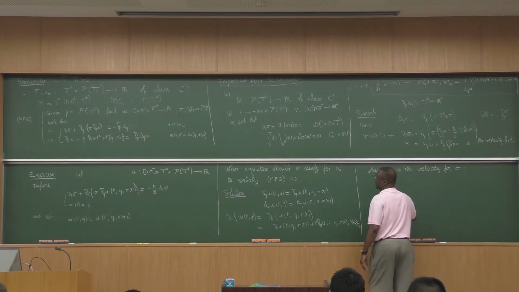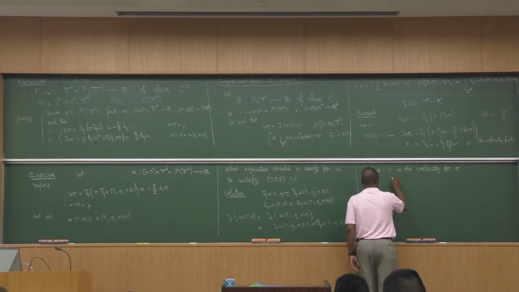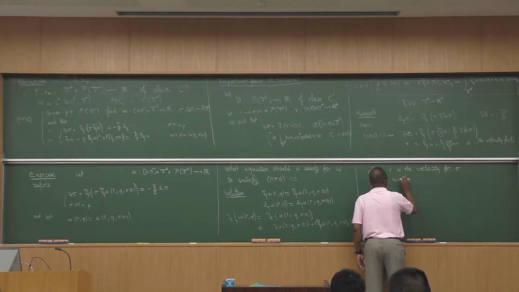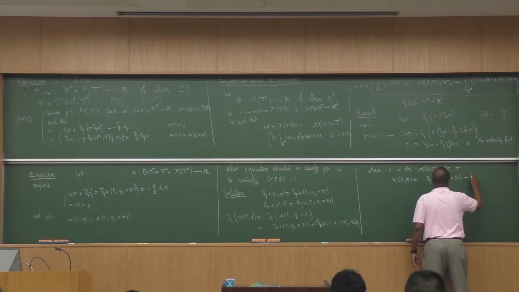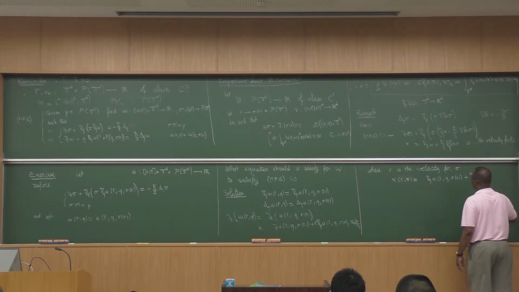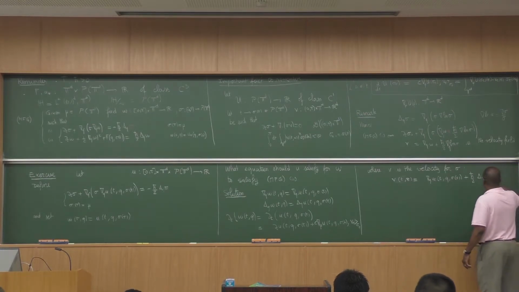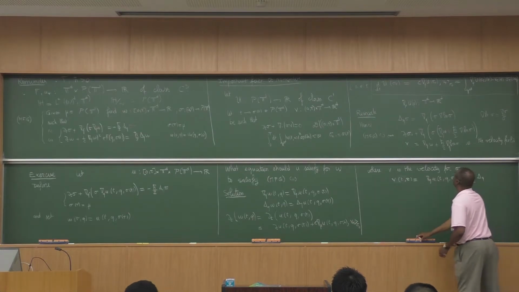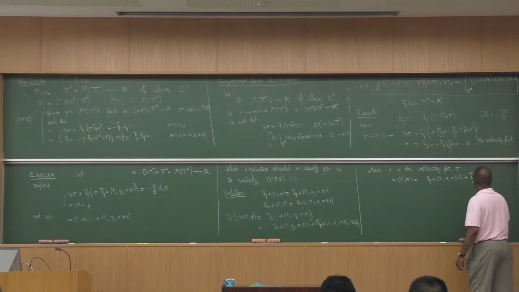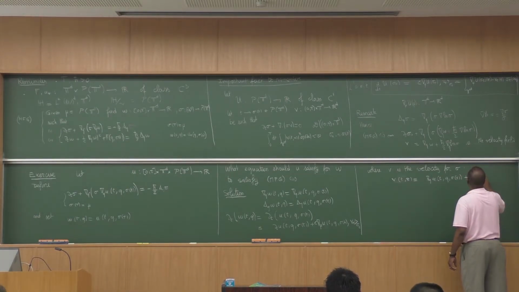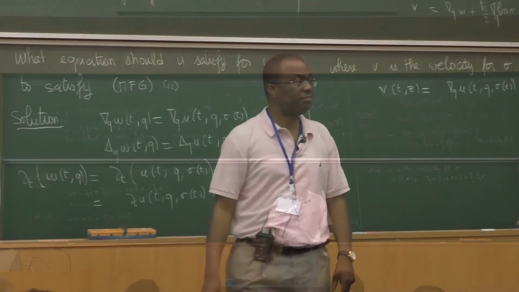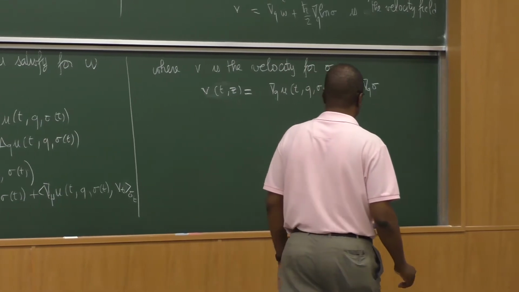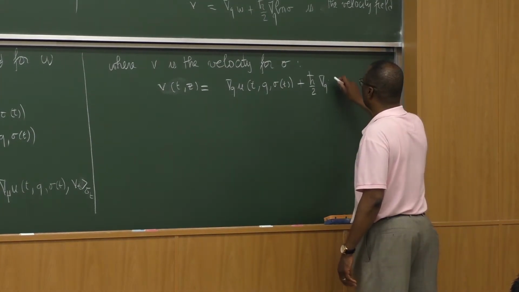But that velocity is given by V t of z equal to the gradient q of U at t, z, sigma t plus h bar over 2 gradient q of log of sigma.